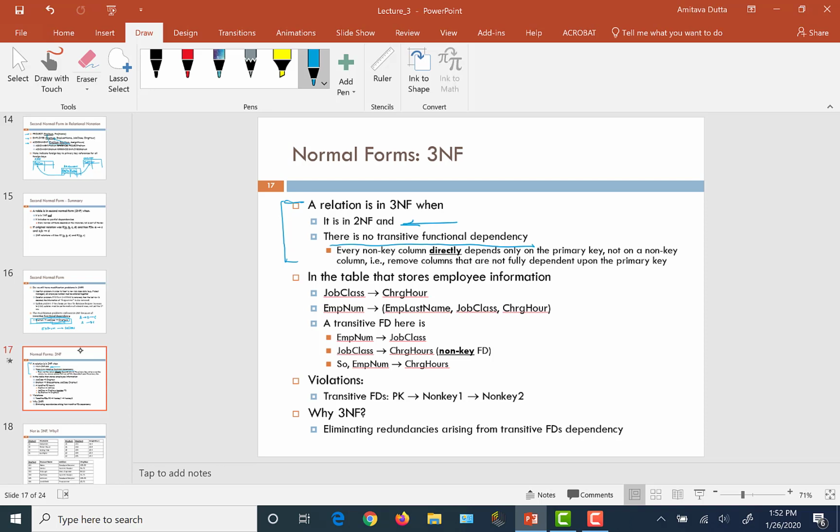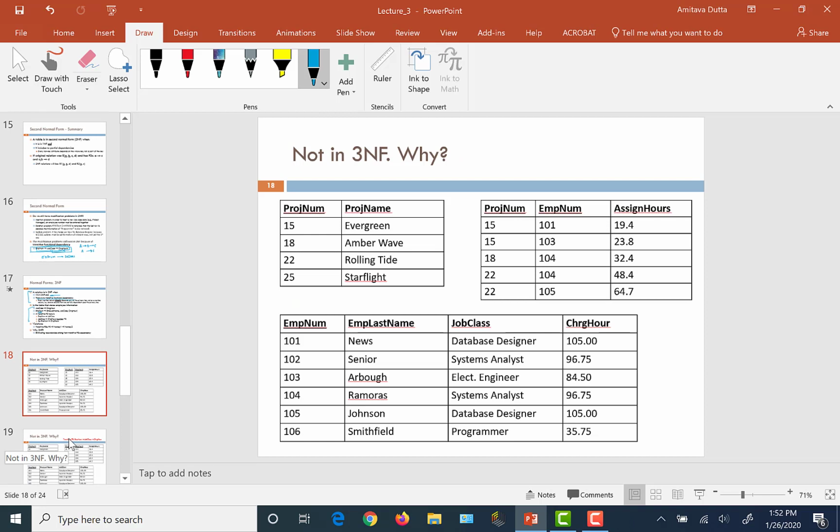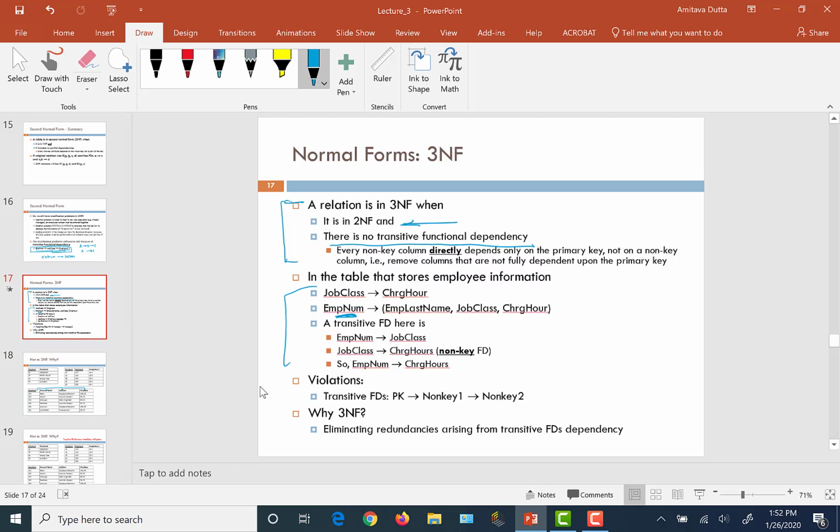So let's look at our employee table. In the employee table, the employee number is the primary key. So you can go back and look at that table here. Employee number determines last name, it determines job class, and it determines hourly charge. Okay, so that's what we have written over here in the functional dependency. If I know employee number, since it's the primary key, I also know employee last name, job class, and charge hour.